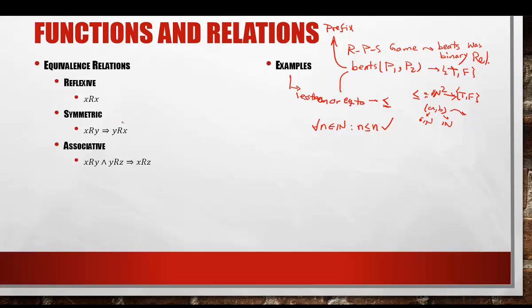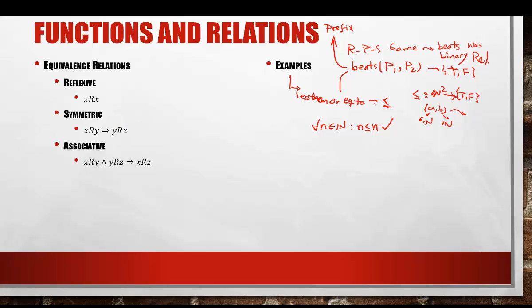A relation is symmetric if you take two elements, x and y, and they satisfy this condition: if x is in relation with y, then y is also in relation with x.